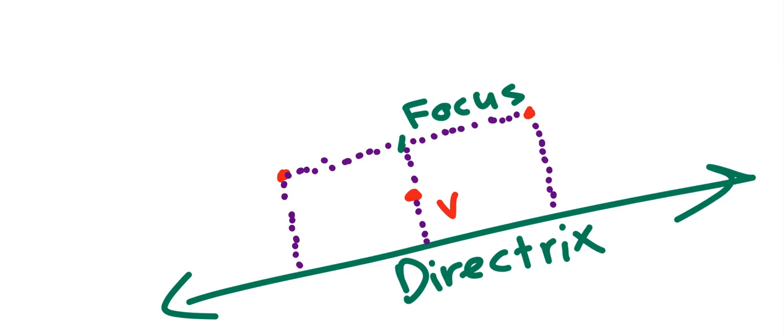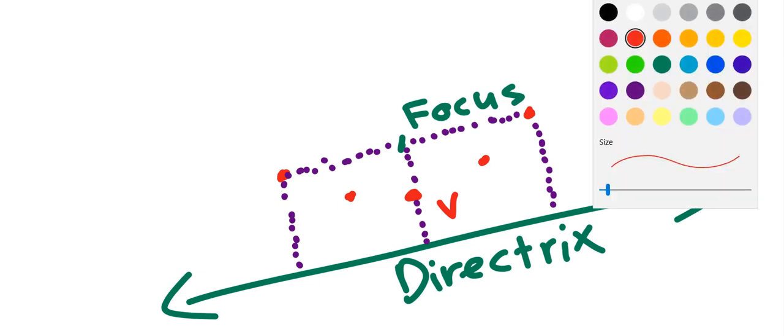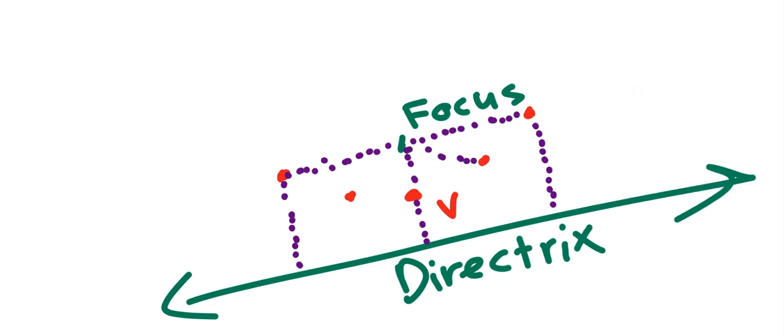I'm going to pick another point right about here, and another point right about here. Because the distance to the focus is the same as the distance to the directrix. So the purple dotted parts I'm trying to draw in there are identical.